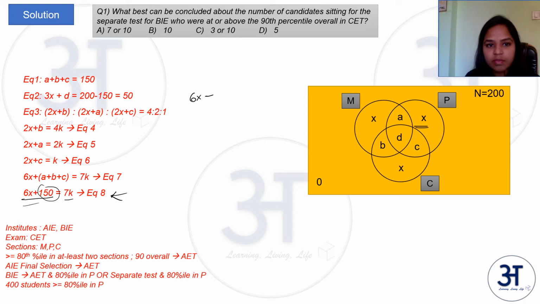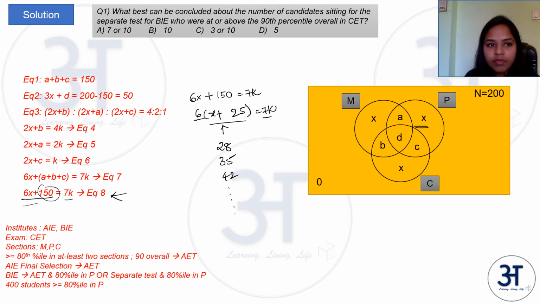We have 6x plus 150 is equal to 7k. If you take 6 common, x plus 25 is equal to 7k. Now 6 and 7 do not have any common factor, so x plus 25 must be a multiple of 7. So x plus 25 can be 28, 35, 42 and so on.